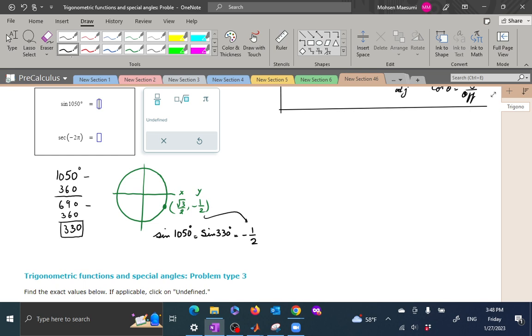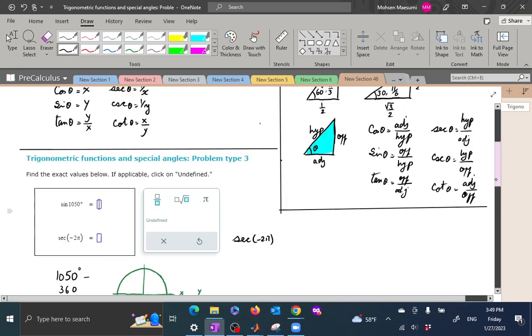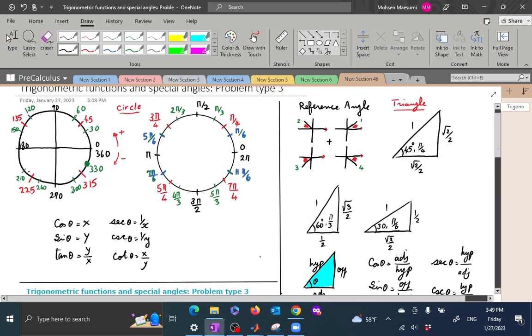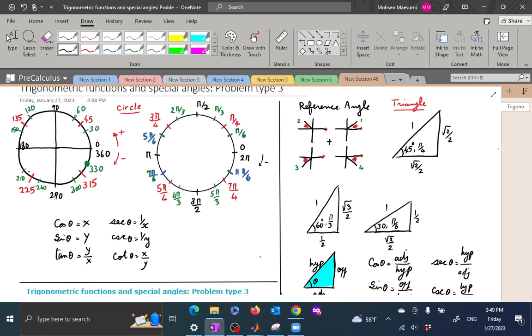What if we want to do the other one, secant of minus 2 pi? In this case we are dealing with radians, and just as in the other case, negative means going clockwise and positive means going counterclockwise.